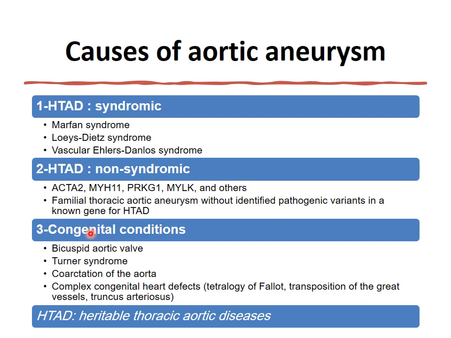The third cause is congenital conditions, such as bicuspid aortic valve, Turner syndrome, aortic coarctation, or complex congenital heart disease, such as tetralogy of Fallot, transposition of great vessels, and truncus arteriosus.